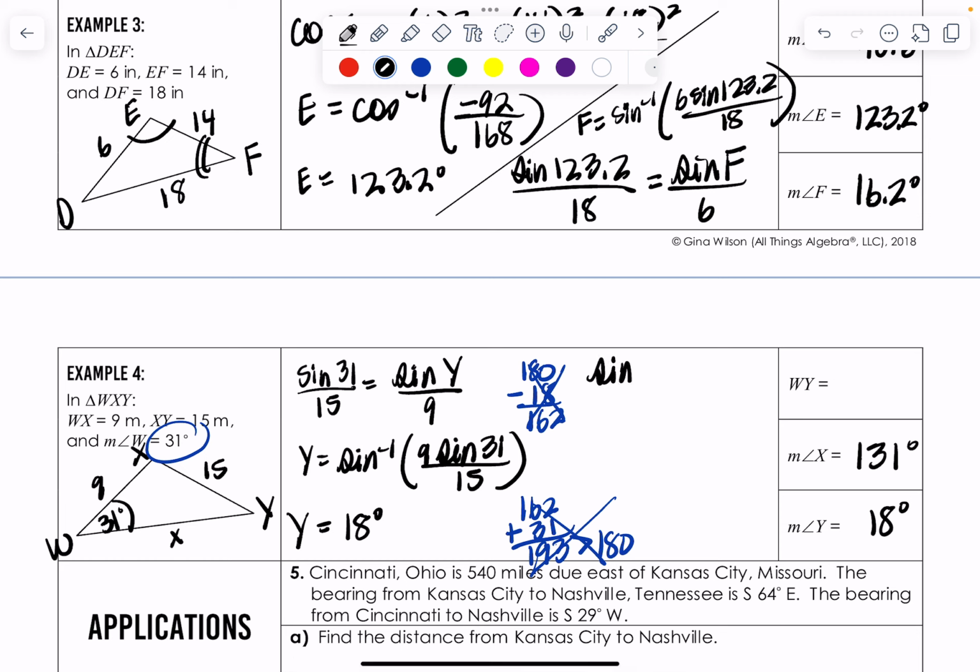Okay, so sine of 31 over 15 equal to sine of 131 over X. So this would be 15 times the sine of 131 over sine of 31. And X is equal to 22.